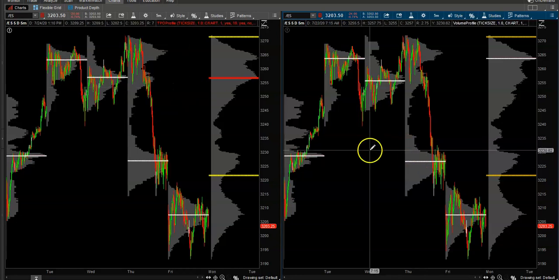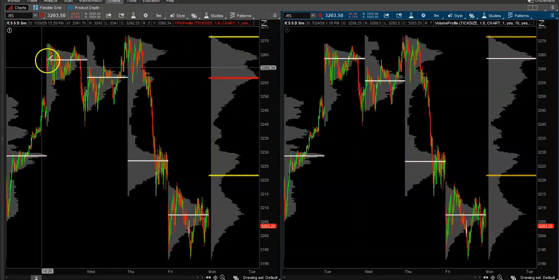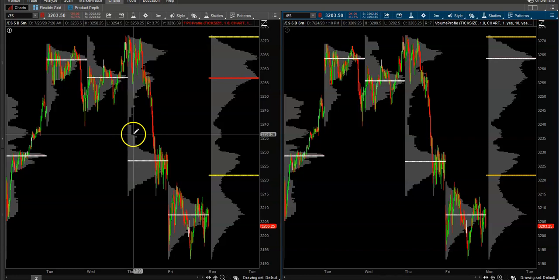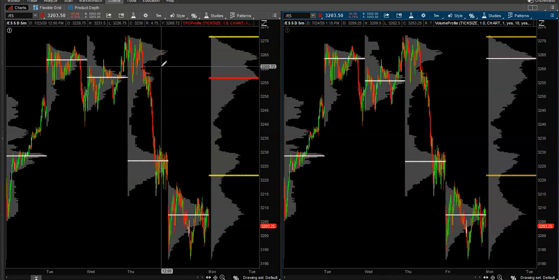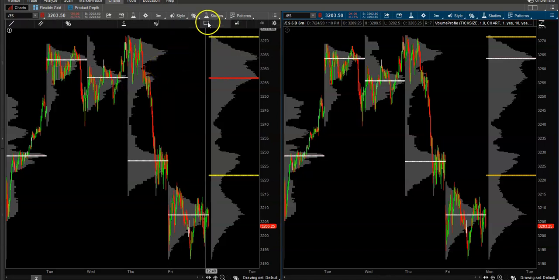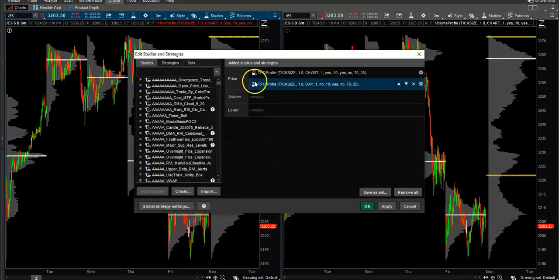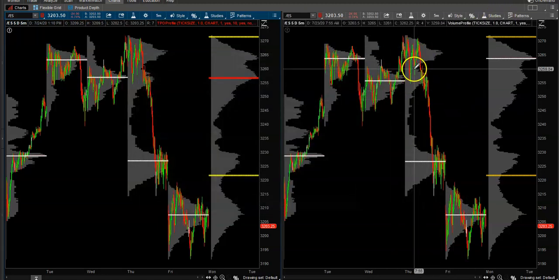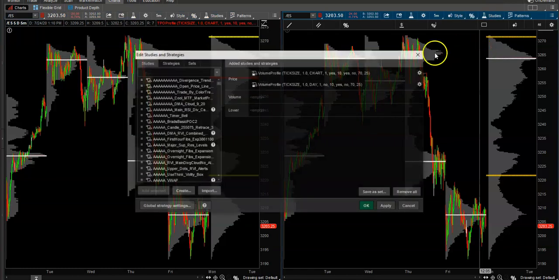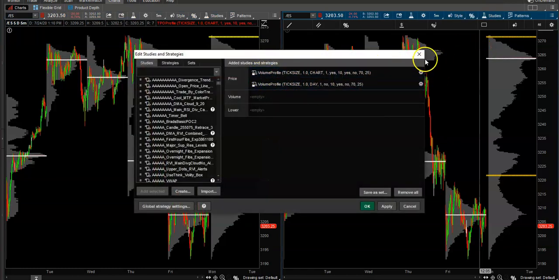And I'm going to tell you right now, this chart on the left is a market profile chart, TPO, time and price opportunity settings, okay? So right here, TPO profile, that's time price opportunity. This chart over here is a volume profile, which is strictly just volume.